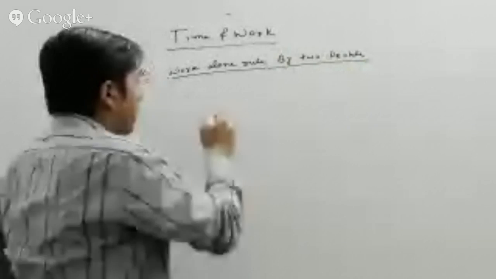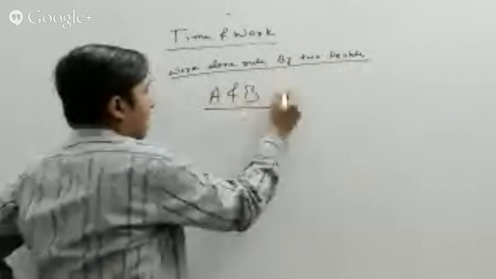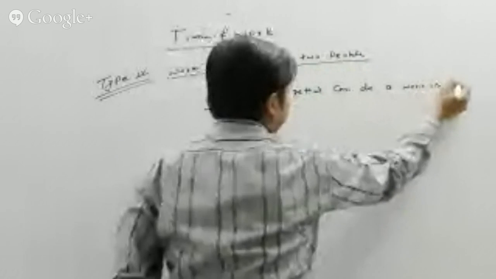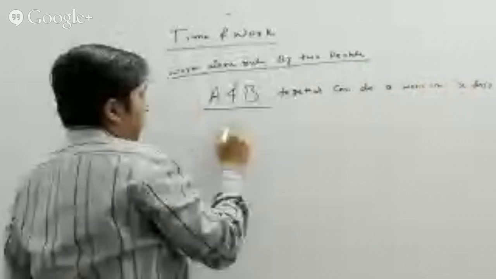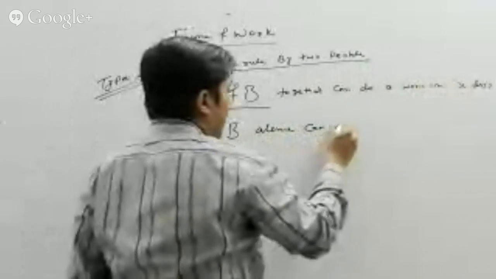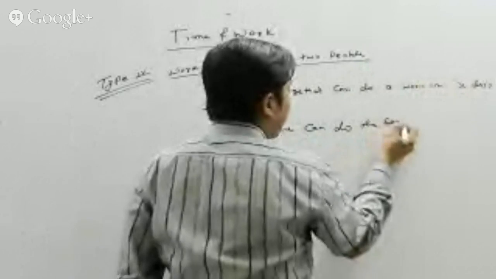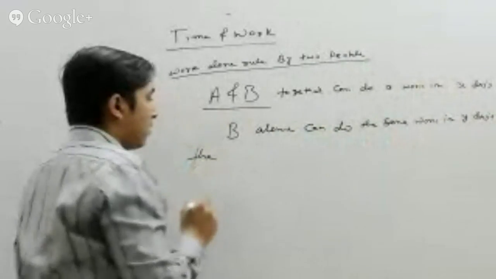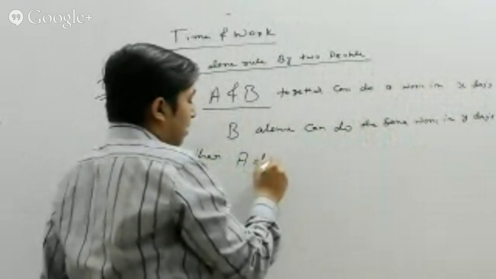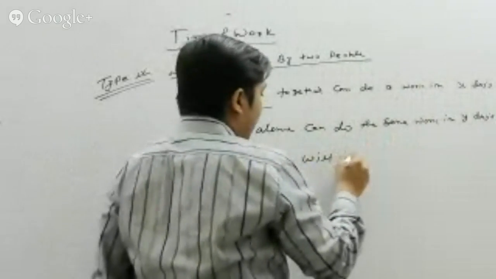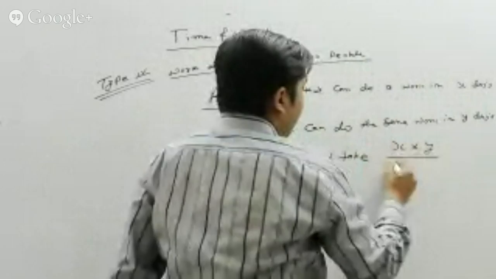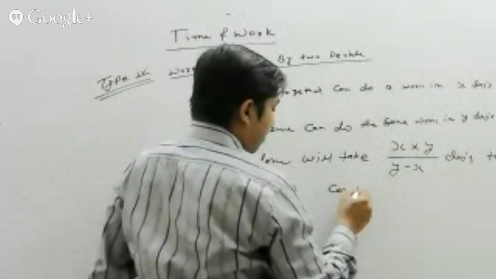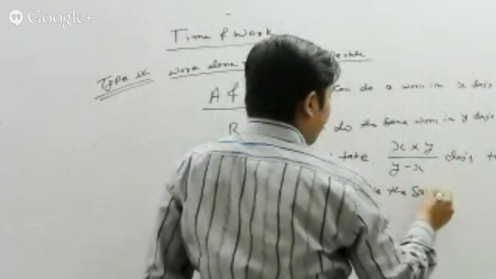According to this rule, if A and B together can do a work in X days, B alone can do the same work in Y days, then A alone will take X into Y by Y minus X days to complete the same work.